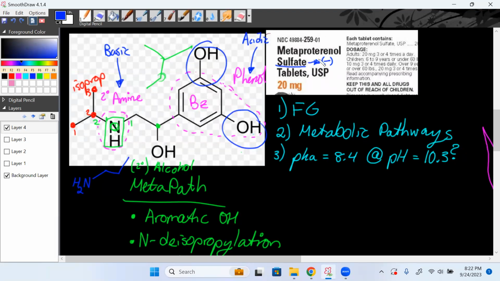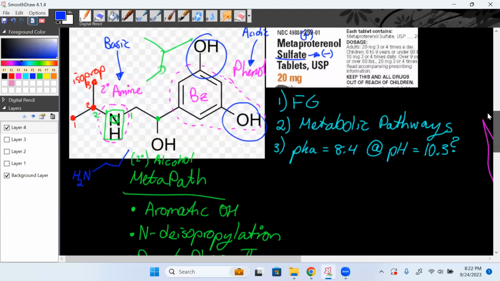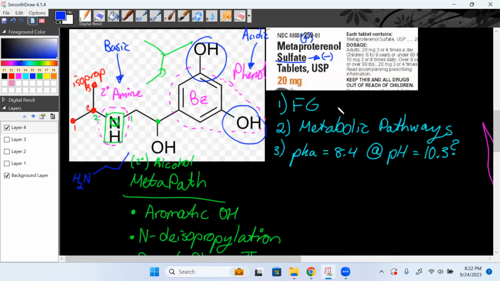So we have a negative salt, which would mean that isoproterenol, metaproterenol, sorry, is positive, which would tell me that this is a basic drug overall, right?